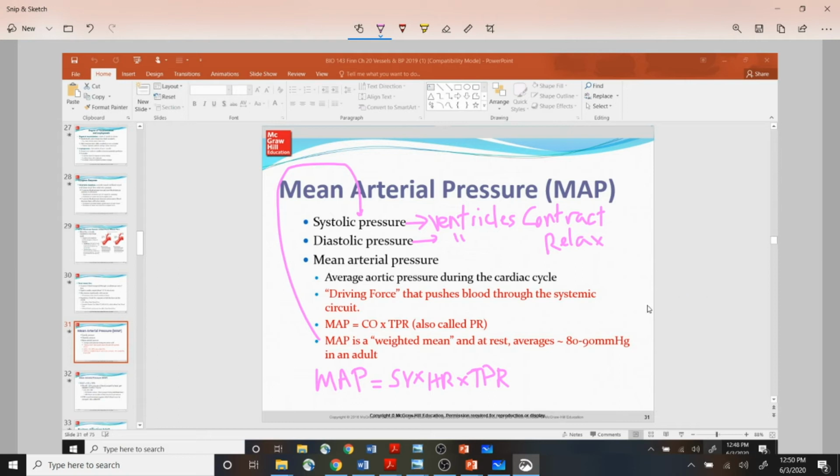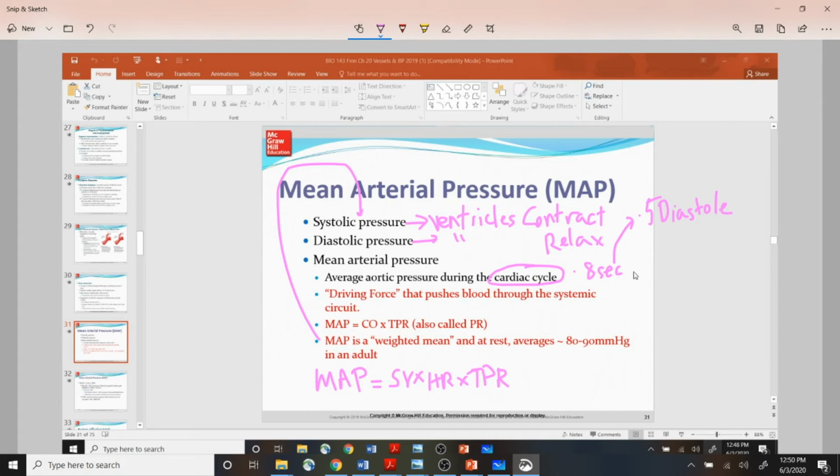Now remember, 1 cardiac cycle only takes about 0.8 seconds. So during the 0.8 seconds for 1 heartbeat, about 0.5 of those seconds is when the ventricles are relaxing, diastole.